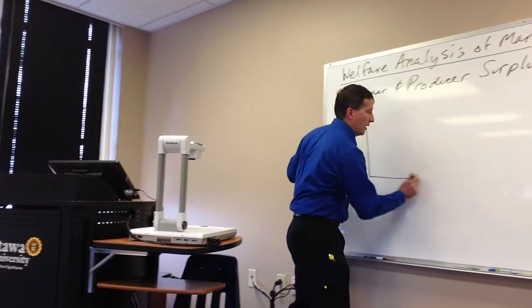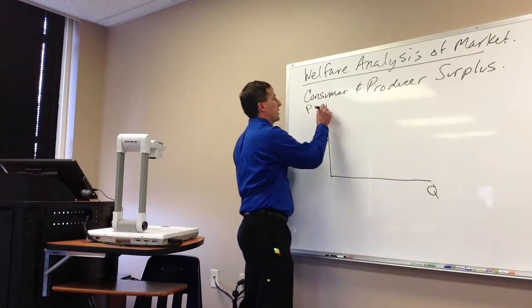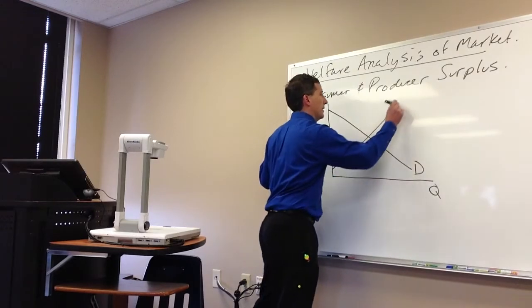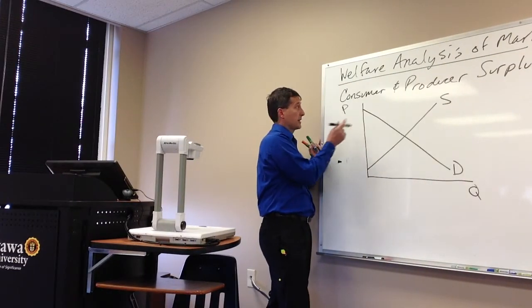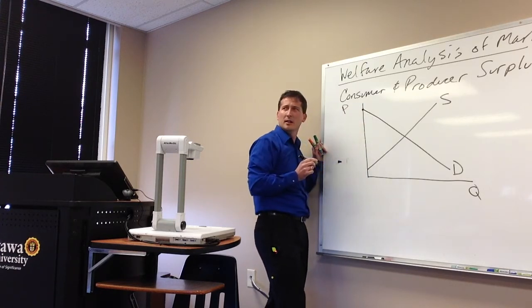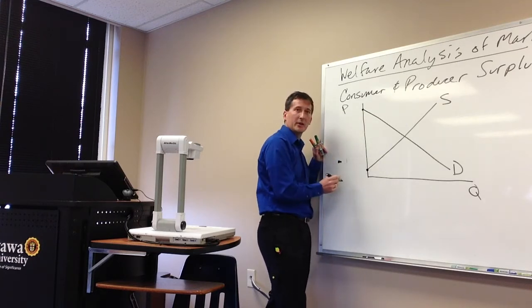So if you draw home base in our market, we've got supply and demand. We had a special name for these vertical intercepts. What was it? The choke price. So we got the supply choke price down here.